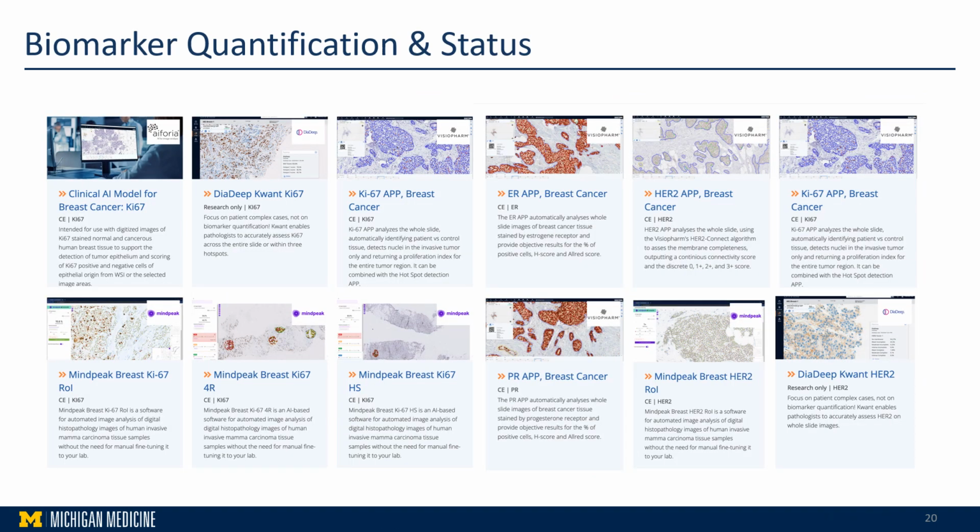So for biomarkers, there are so many to be considered, and perhaps new computational biomarkers will emerge as machine learning models move toward the discovery phase. And there are already numerous image analysis tools that can quantify the most common biomarkers such as ER, estrogen receptor, progesterone receptor, HER2, as well as Ki-67.